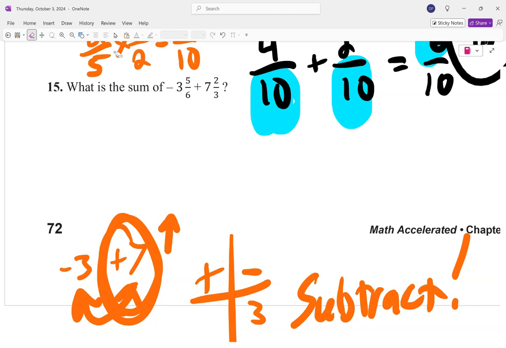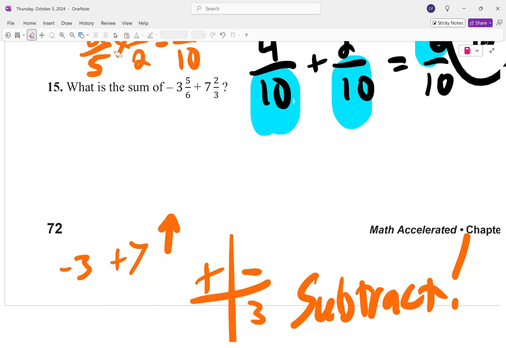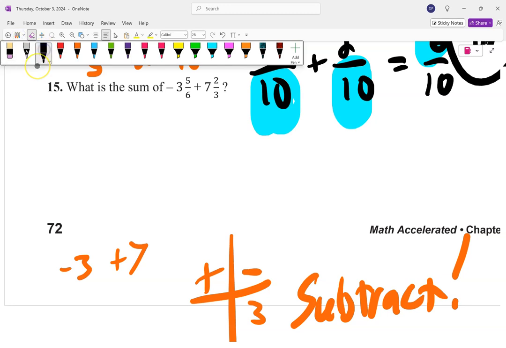And that would mean you're going to have to borrow. Borrowing from the 7 is kind of more trouble than just changing it to improper in the first place. So I'm going to change it to improper in the first place, but I can do it both ways. But I think this is the better way in this problem.